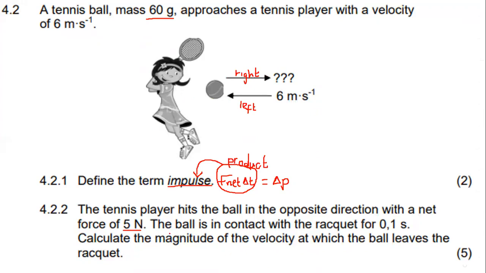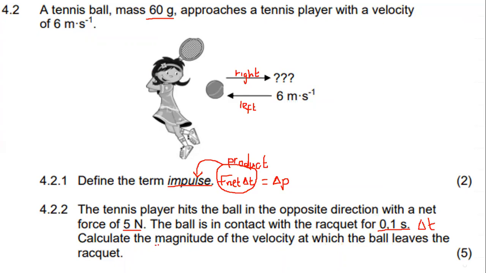Then they tell us the ball is in contact with the racket for 0.1 second. So we've been given a value for delta T, the contact time, the time with which the net force is acting on the tennis ball, or also on the tennis racket. We've been asked to calculate the magnitude of the velocity at which the ball leaves the racket.